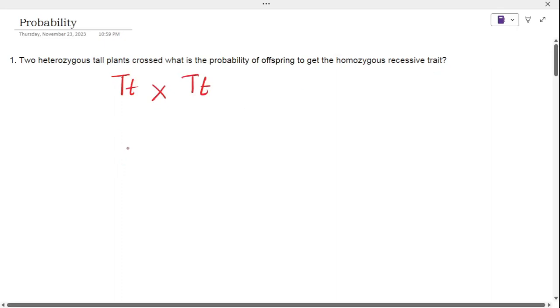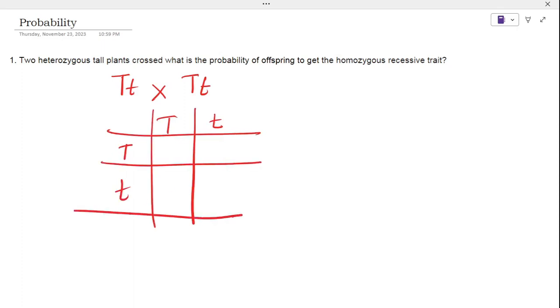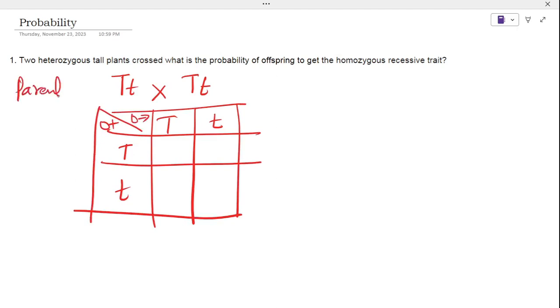We will write it in a Punnett square, capital T small t. You need to write all the parameters mentioned in the Punnett square: this is male, this is female, this is male and female, and this is parents. Like that, you need to write, otherwise you will not get marks properly.